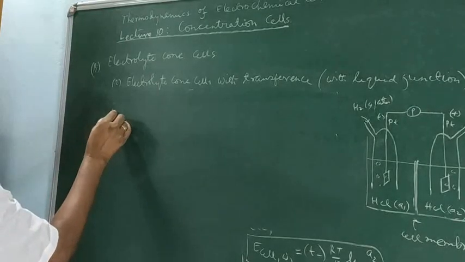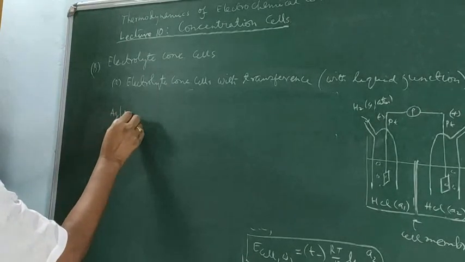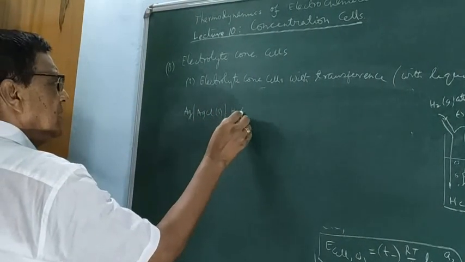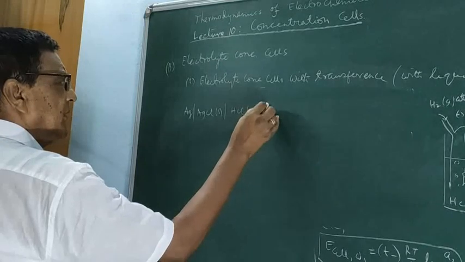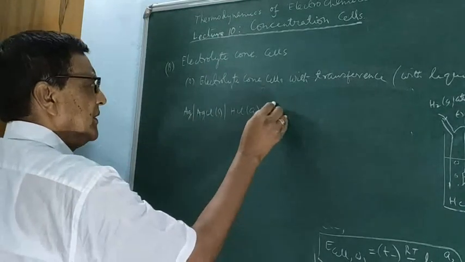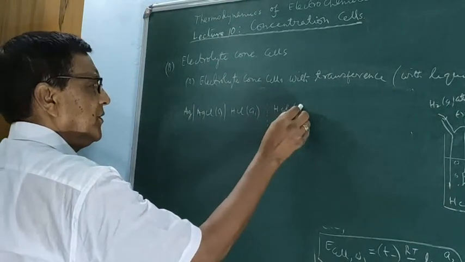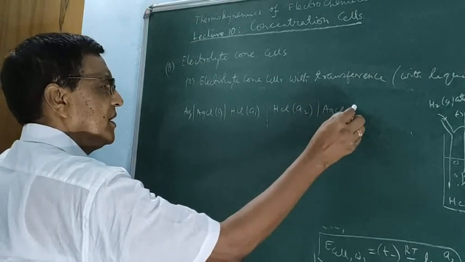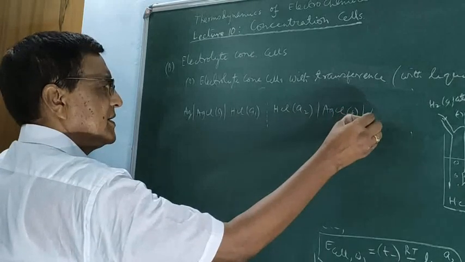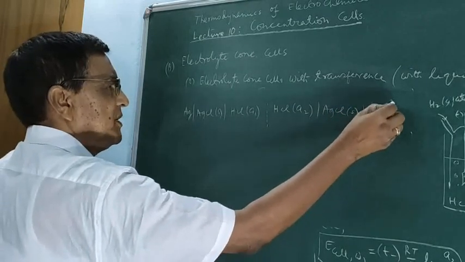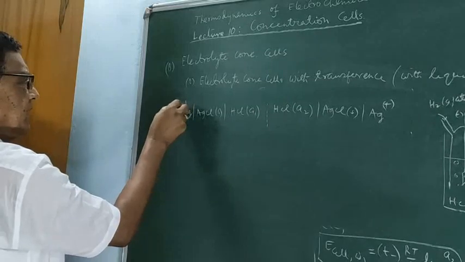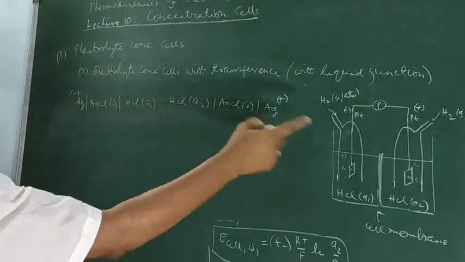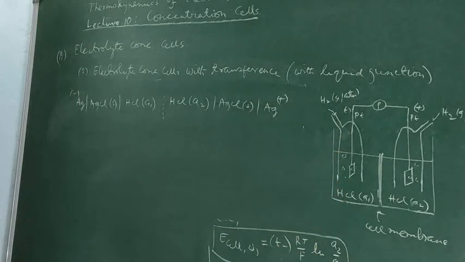Say here silver chloride solid, and here HCl at A1, and the cell membrane, and then HCl at A2 and silver chloride solid, and this is silver. So this is the positive electrode and this is the negative electrode, a similar type. Instead of hydrogen electrodes, silver chloride electrodes have been given.